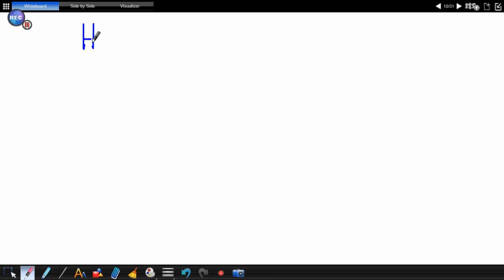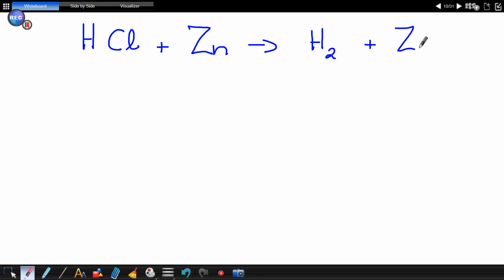So in this one we've got hydrogen chloride reacting with zinc and it prepares hydrogen gas, and what's the salt that will form? H2 plus zinc chloride. Did we skip number 3 on purpose? I skipped number 2 on purpose.